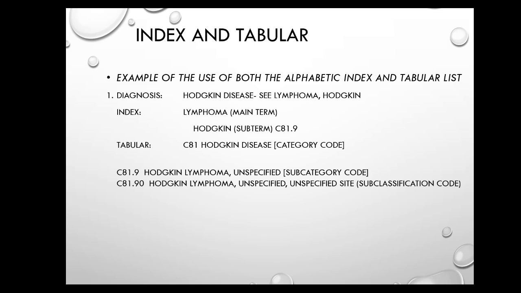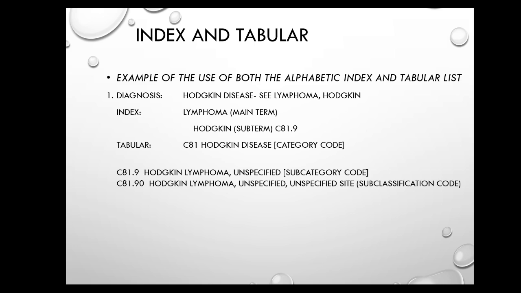We have a few examples to review in our tabular list. Our first example, when we get to C81, has a code indented a little further underneath with the 0.9 placement value at the end. This code represents Hodgkin lymphoma unspecified.